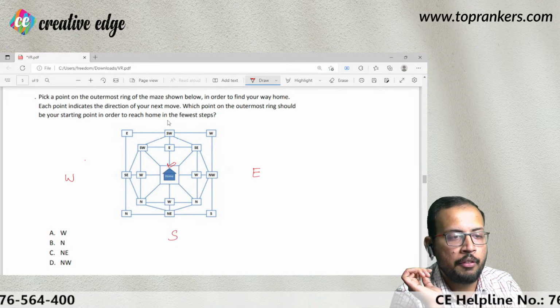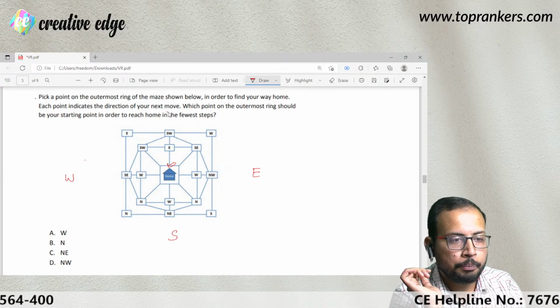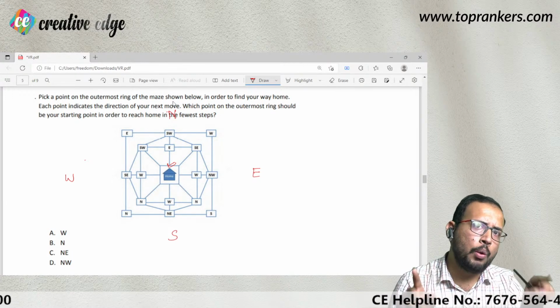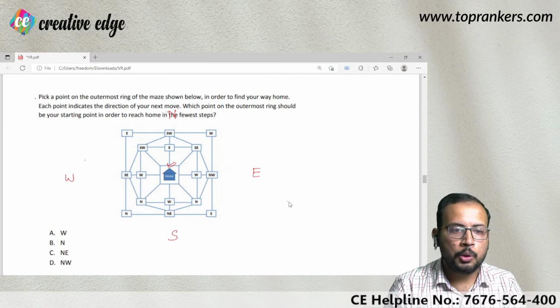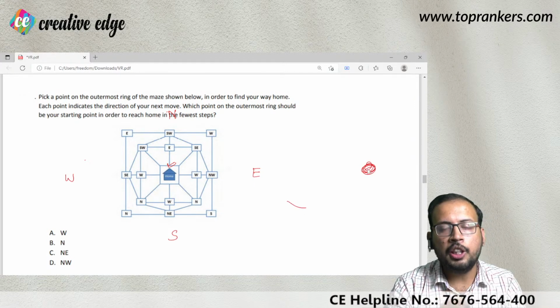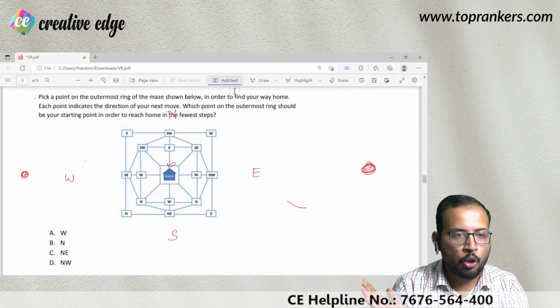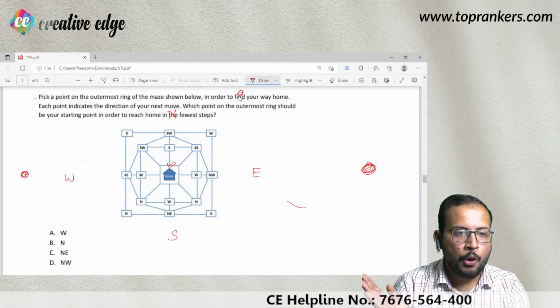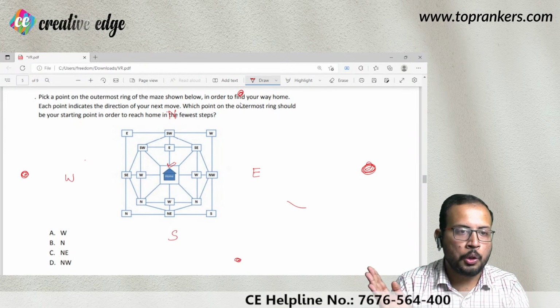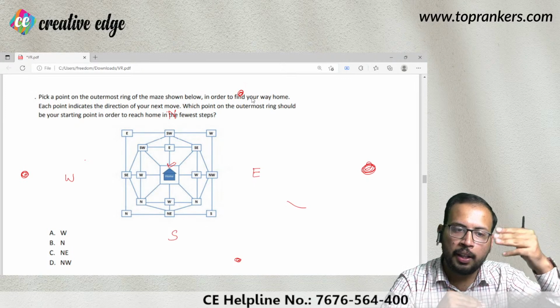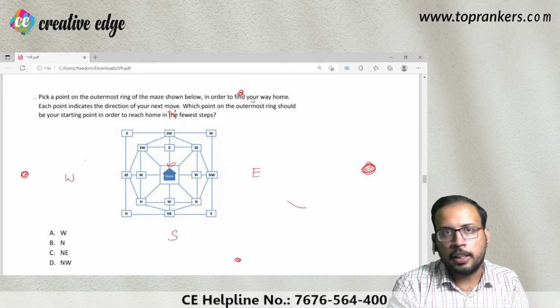This is the standard way of marking direction. Why do we mark in this way? Because if you ever look at the world's map, this region is called east, this region is called west, this region is called north, and this is called south. So you can see that on the world's map, at the top you see the northern hemisphere, and at the bottom you see the southern hemisphere.